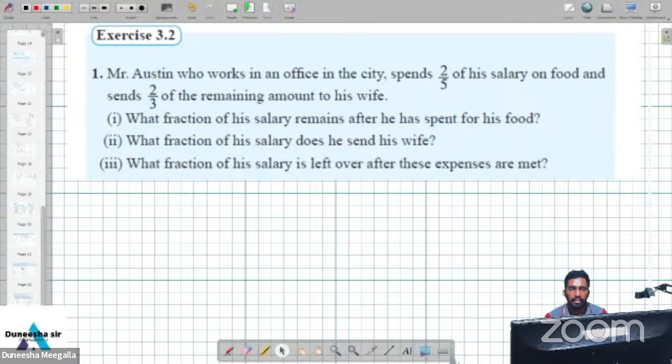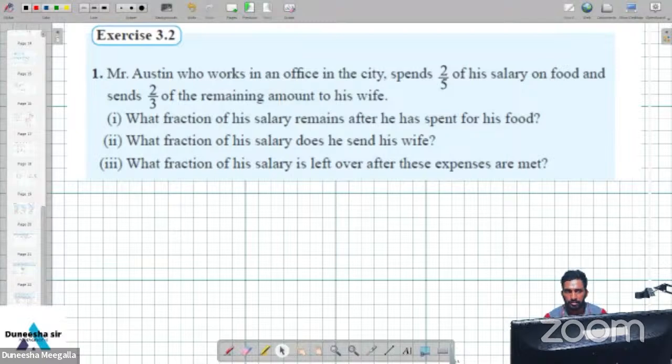First one asks what fraction of his salary remains after he has spent on his food. Second, what fraction of his salary does he send to his wife? Third, what fraction of his salary is left over after the expenses are met?